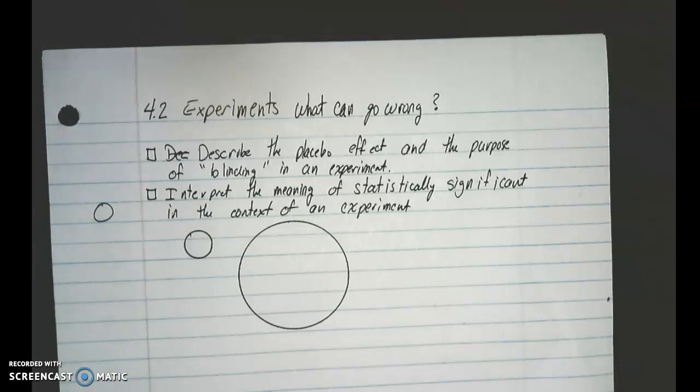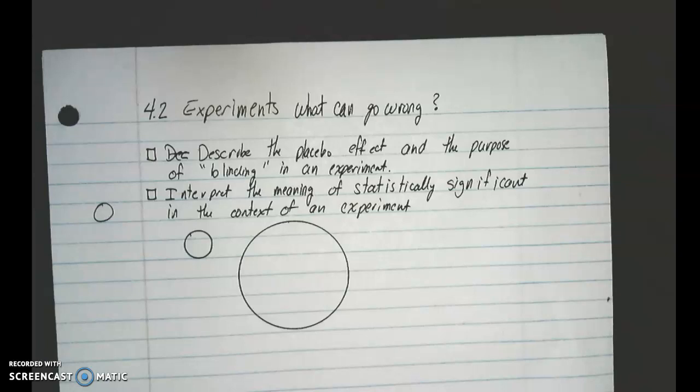So let's start with a couple of different things. First of all, we're talking about blinding. Now that doesn't mean we're going to take a hot poker and stick it in somebody's eyes. That's bad. We're not even going to do that.